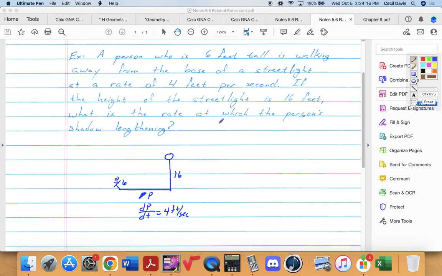What is the rate at which the person's shadow is lengthening? Okay, so where is the shadow going to be? Well, first of all, shadows are on the ground. You don't see the shadow until it hits the ground. So his shadow is going to be over here.